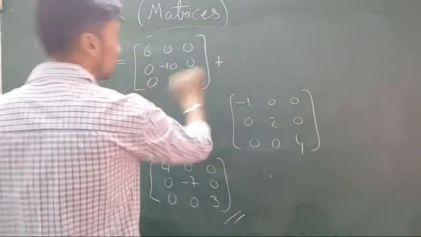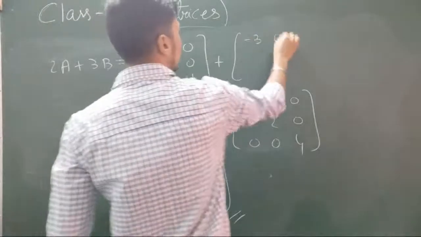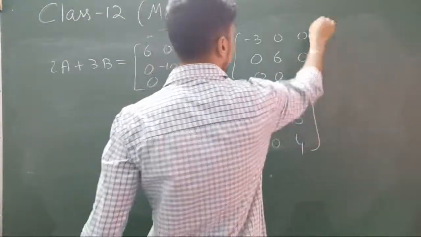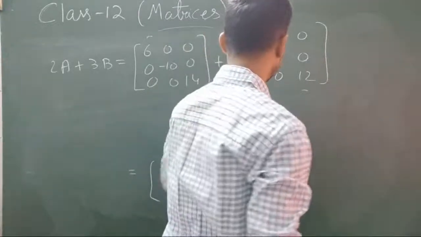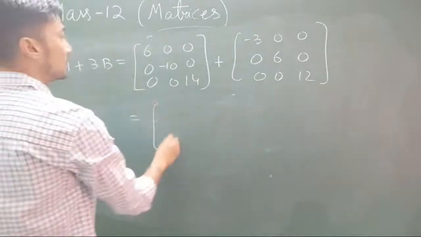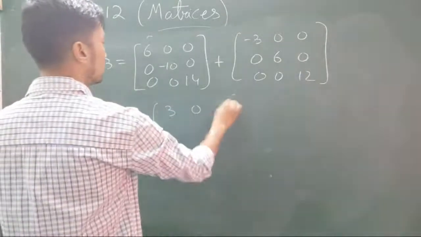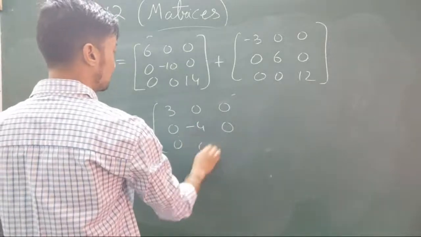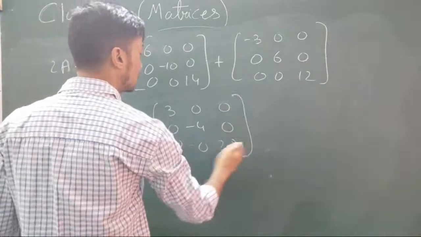So 3 times B will be minus 3, 0, 0, 0, 3 2s are 6, 0, 0, 0, 3 4s are 12. Now just add: 3, 0, 0, 0, minus 10 plus 6 is minus 4, 0, 0, 0, 14 plus 12 is 26.